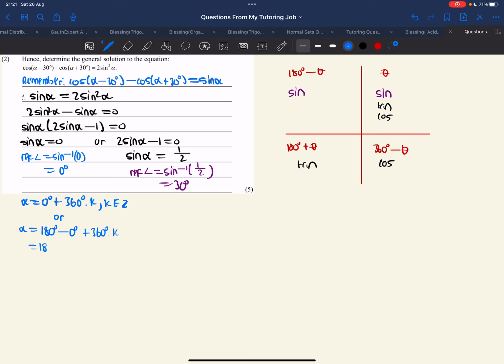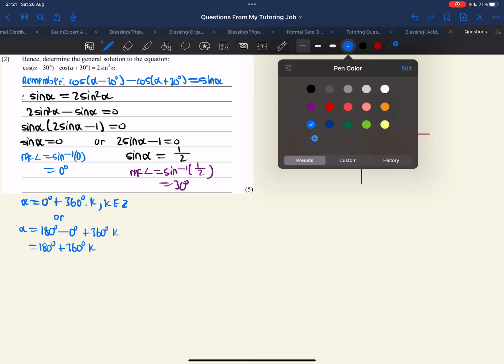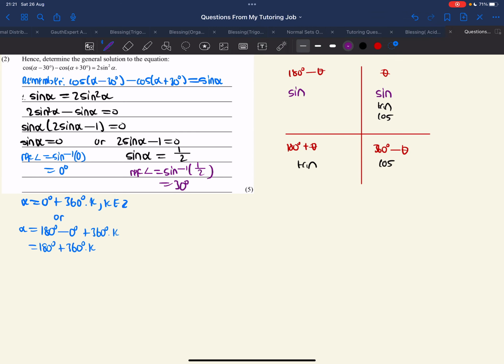If you do that, it's basically just 180 plus 360 degrees dot k. All right, and then we're going to do it for the purple one now. Let me just separate them with the black line. Now for the purple line, it's going to be alpha equals 30 degrees plus 360 dot k.